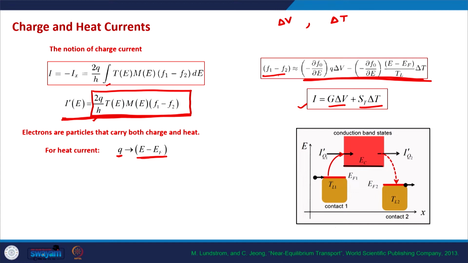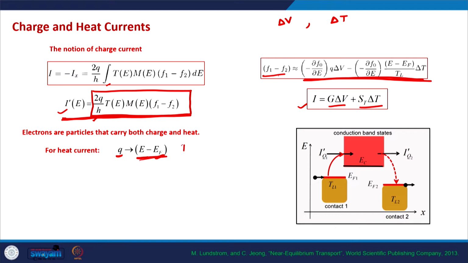Even in a semiconductor, the Fermi level defines in a way the distribution of particles in the material. So in order to define heat current, the amount of energy that is in excess of the Fermi level, E minus EF, is the heat in that system. This comes mainly from metals or conductors. And if we just replace Q by E minus EF in this expression, it will give us the heat current.